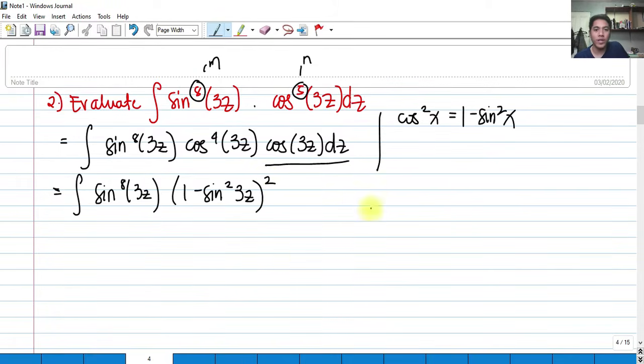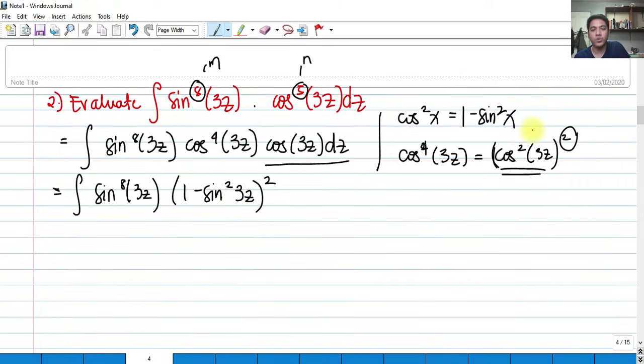If you didn't get what I'm trying to say, we split the cosine raised to 4 of 3z into cosine squared 3z raised to 2. And we simply substitute the cosine squared 3z inside, which is 1 minus sine squared 3z.